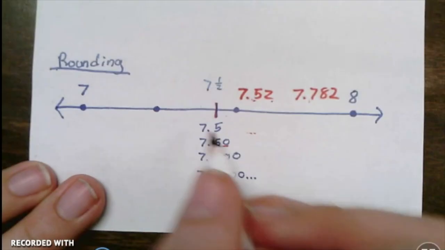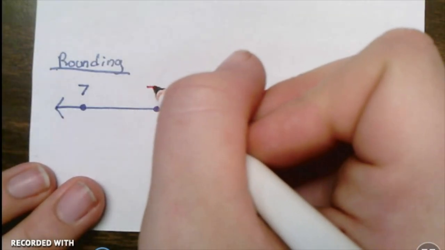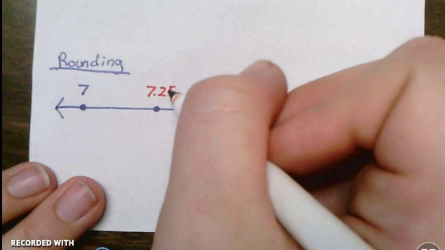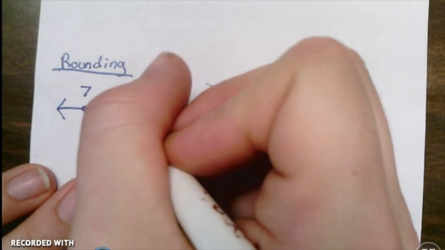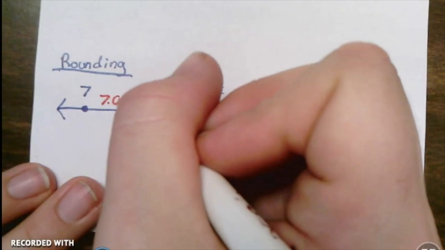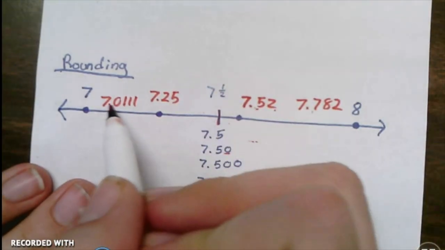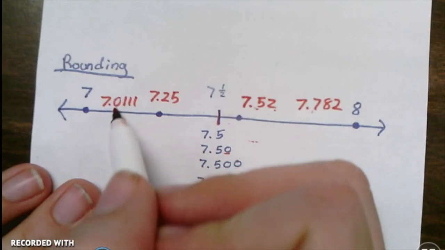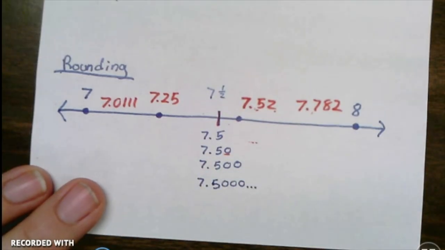On this side, numbers smaller than 7.5 might be numbers like 7.25 or 7.0111. Why? Because the 0 is the place right after the decimal, and that's smaller than 0.5.